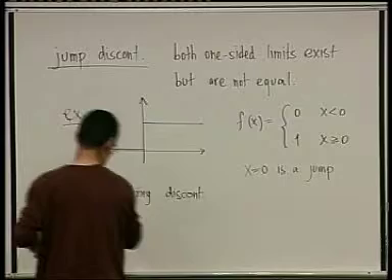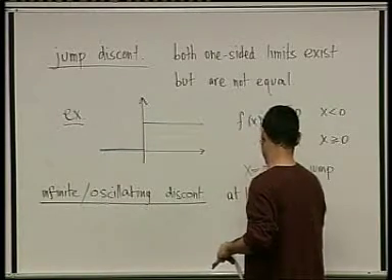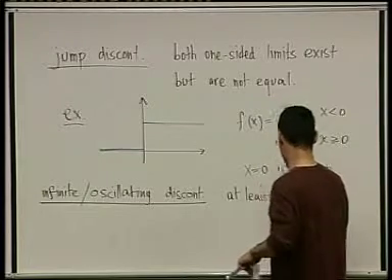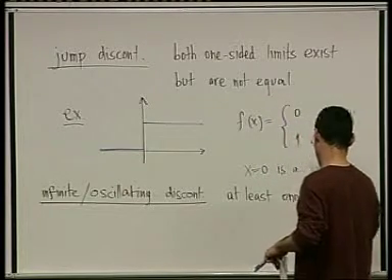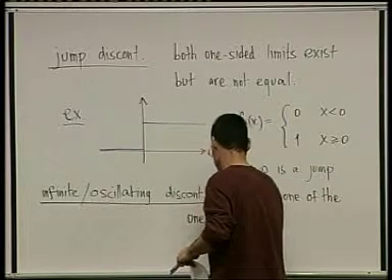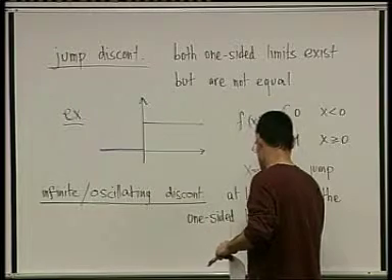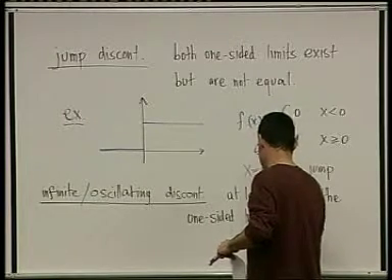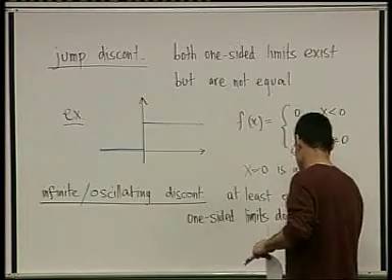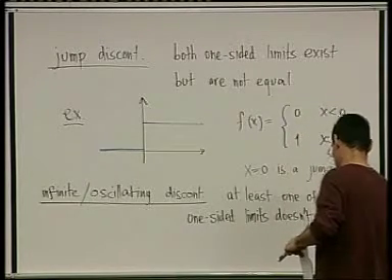And that's the situation where at least one of the one-sided limits doesn't exist at all.